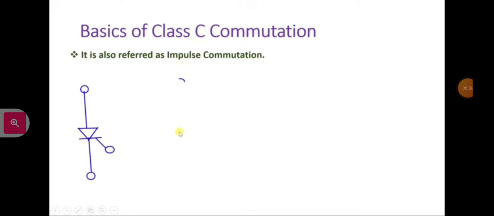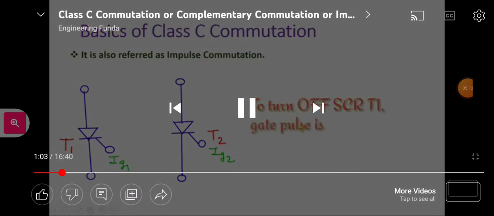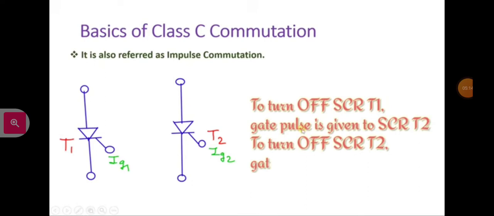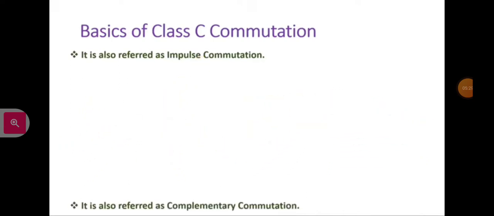The reason is, in the circuit you will observe there are two thyristors, and when thyristor 1 is on, to turn it off we give a gate pulse to thyristor 2, and when thyristor 2 is on, to turn it off we give a gate pulse to thyristor 1. So by giving an impulse gate pulse we turn off thyristors. That's why this is referred to as impulse commutation.